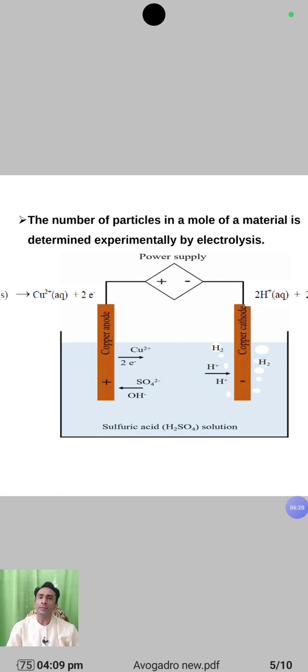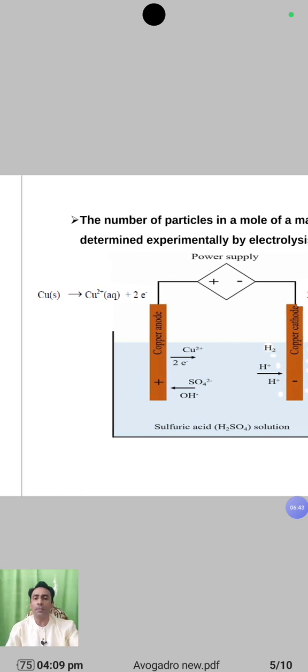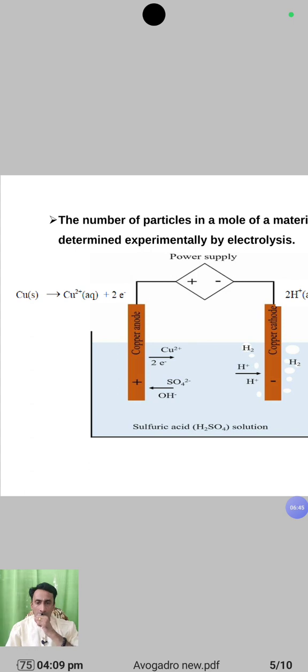And there is a third possibility: copper from the copper anode will lose electrons and jump into the solution. So copper ions will jump into the solution to increase the positive charge, so neutrality will be maintained. Of all these three processes discussed, the process which requires the least energy is that of copper ions jumping into the solution. So that is preferred.